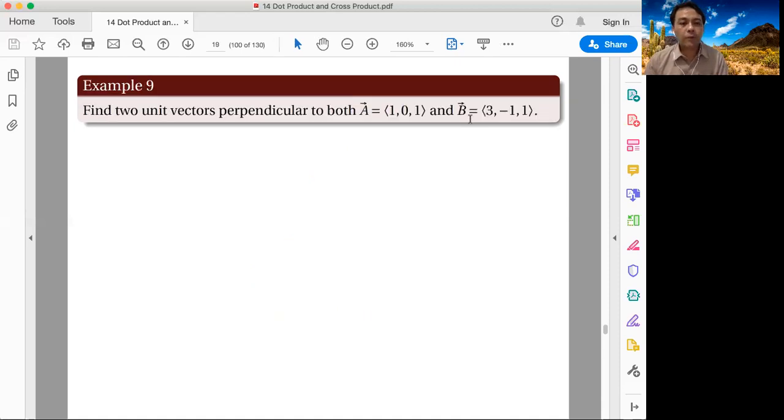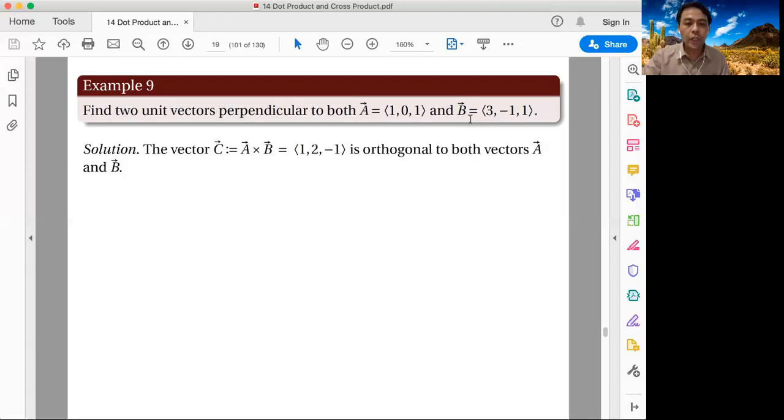Let's have an example. Find two unit vectors perpendicular to both vector A and vector B. One perpendicular vector to both A and B is the cross product by the theorem that we have. So we just get the cross product, and that cross product is 1, 2, and negative 1. When we say a unit vector, that means the magnitude is 1.